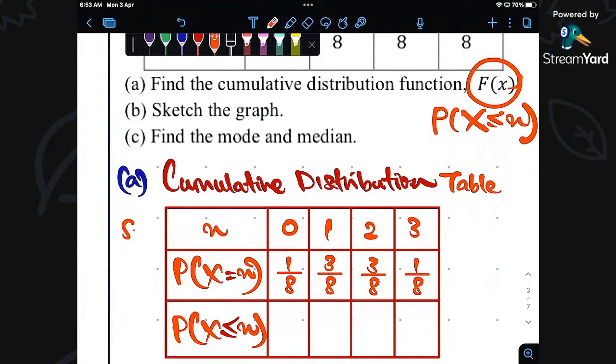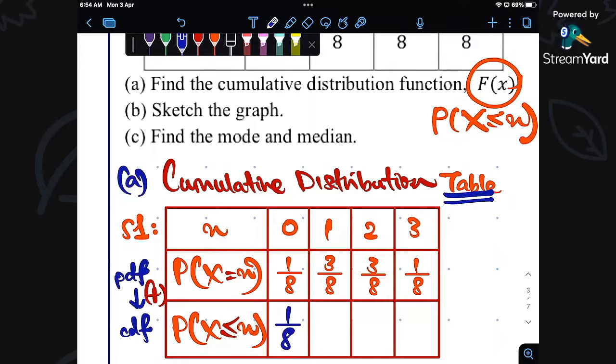We will start with step 1, which is finding our CDF by using the table at the beginning, but the table is not the full marks. We have another marks. I will show you later. We will start with the table because it's easier to find the CDF from the PDF by using a table, because we know in order to find the cumulative, we just need to add the probabilities.